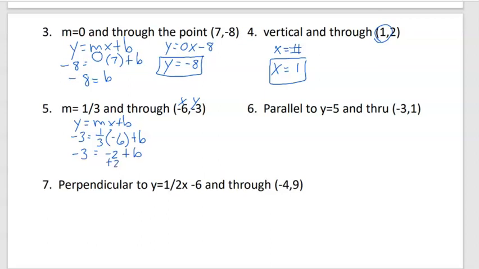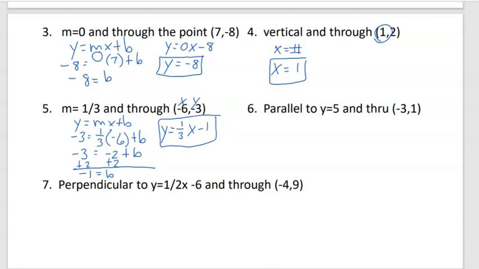Add 2 to both sides. We get -1 = b. So our equation of the line is y = 1/3 x - 1, with 1/3 for the m they gave us and -1 for the y-intercept we just found.